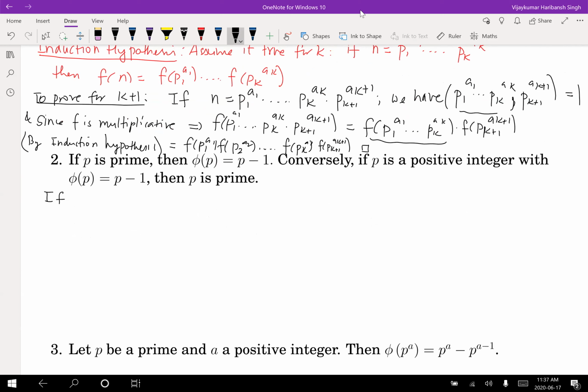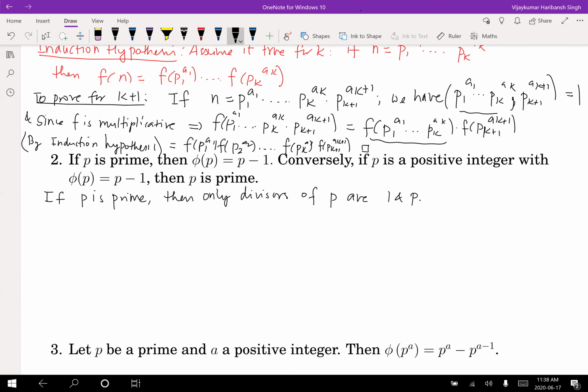If p is prime, then the only divisors of p are 1 and p itself.